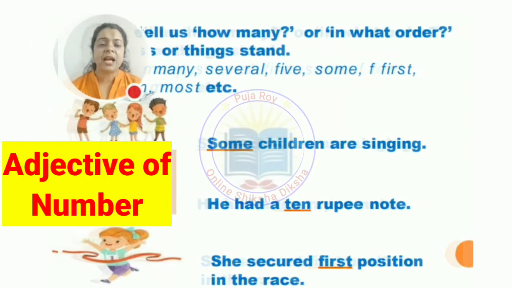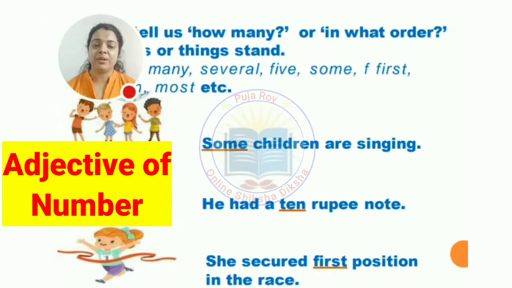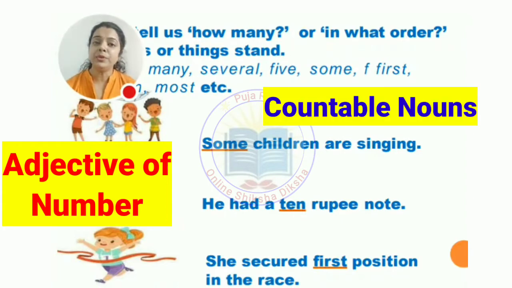Coming to the next kind, that is adjective of number. Here is the difference between adjective of number and quantity. Quantity talks about uncountable things, and number talks about countable things, the things which are countable. We can count the trees, the children, the people, the notes, the positions.